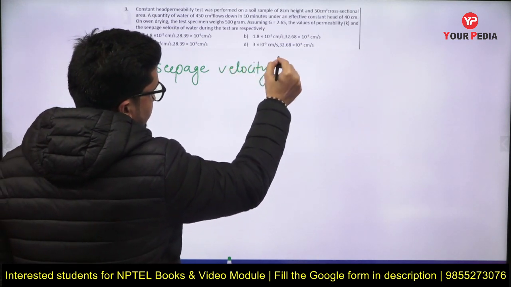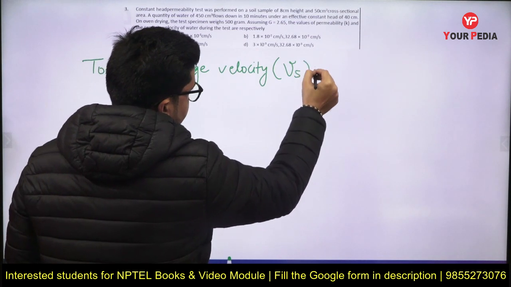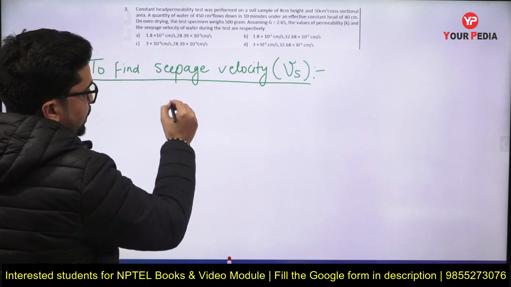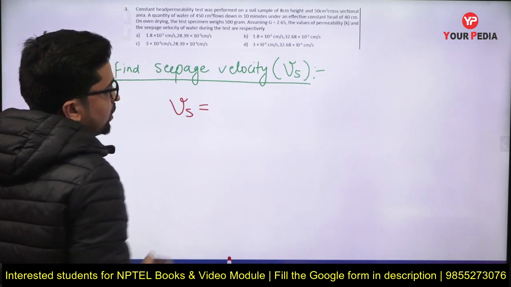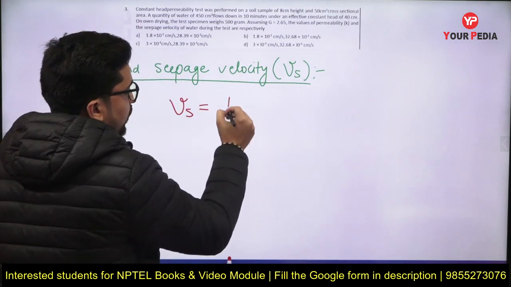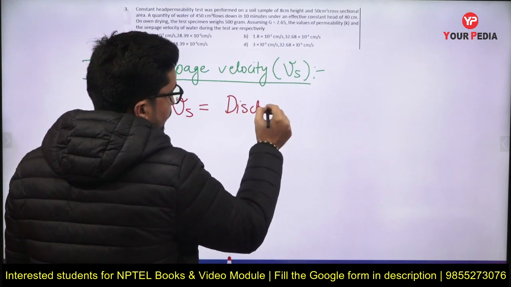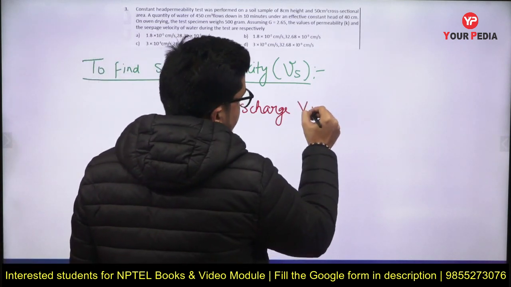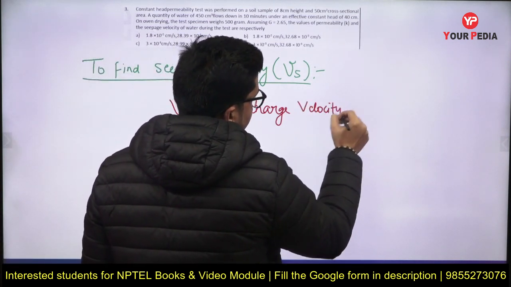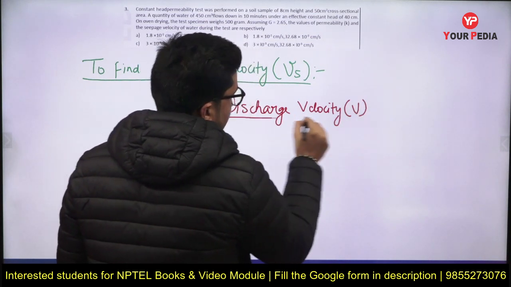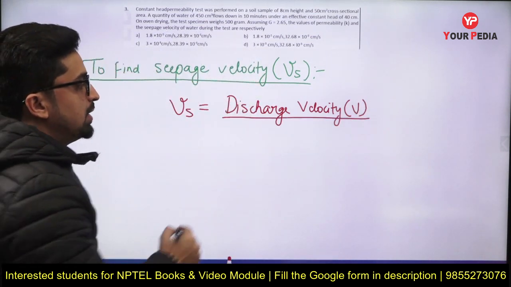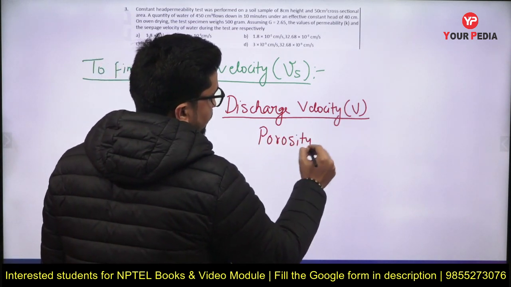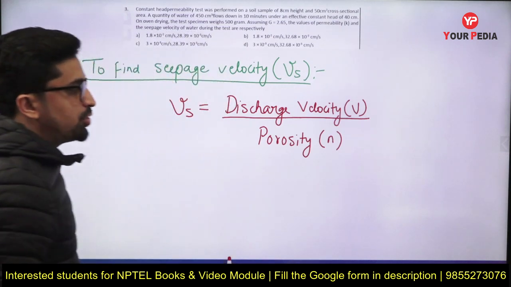Let us name it Vs. So we know that seepage velocity Vs will be equal to the discharge velocity, which we have calculated as per Darcy's law, so discharge velocity V, divided by the porosity of the soil sample, which is denoted by n.